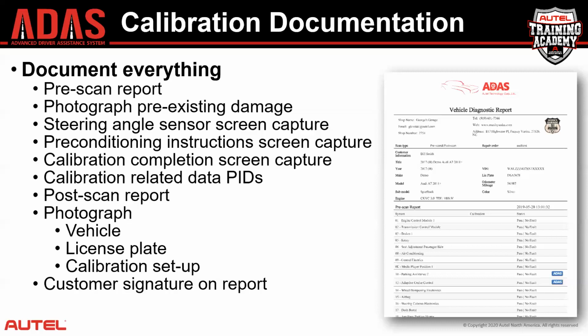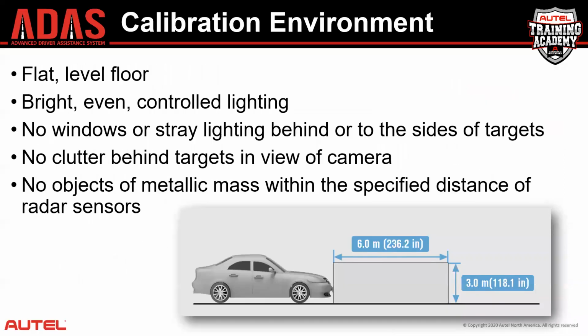And then it's always nice after you're completed and you're delivering the vehicle, have the customer sign the bottom of a printed report. Maybe give them a copy, but definitely keep a copy for yourself and plan on an organizational system that will allow you to maintain those records for multiple years, just in case something happens.